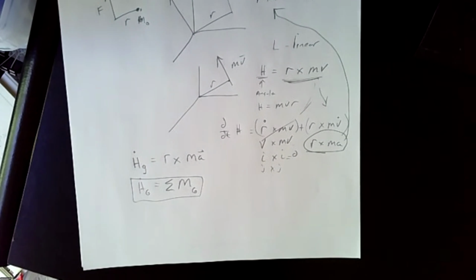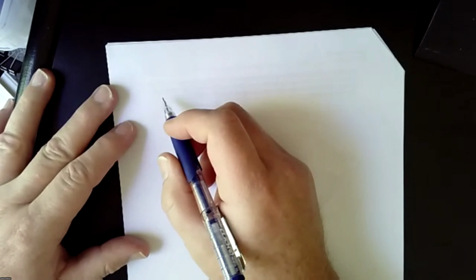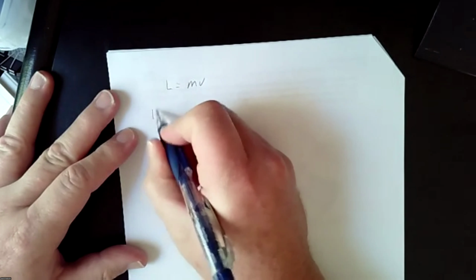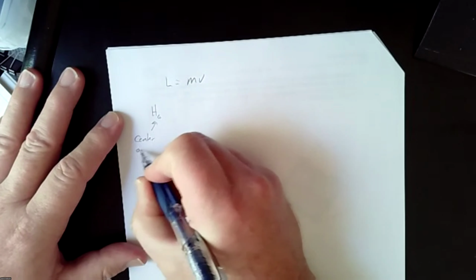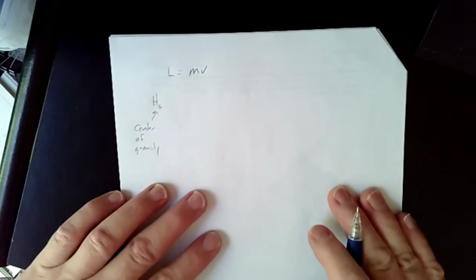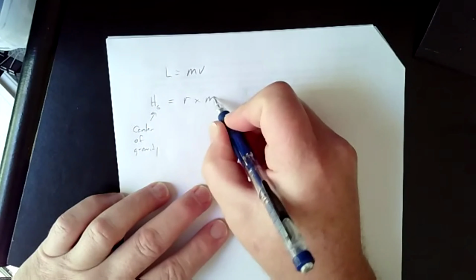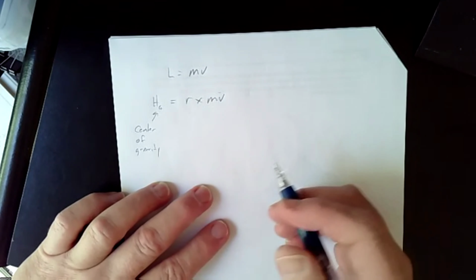All right. Now, another thing I want to talk about before I do examples is the idea of angular momentum. So if we take again linear momentum, we know it's just mv, angular momentum HG, and again G being the center of gravity. Okay. So we have our HG, and we know that that equals r cross mv, right? Now, in the book, it talks about summations, and that's fine.